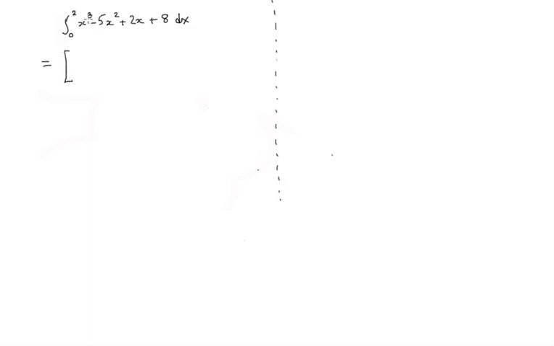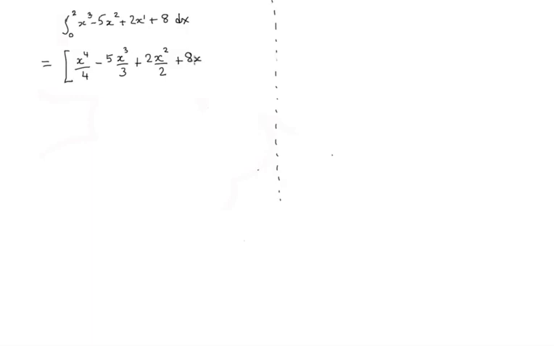So x cubed integrated, increase the power and then divide. So this becomes x to the 4 over 4 minus the 5 sits there, increase and divide. So it's x cubed over 3 plus the 2 sits there, increase, there's a 1 there, that goes up to 2, divide by 2, plus if you integrate 8 you will get an 8x.